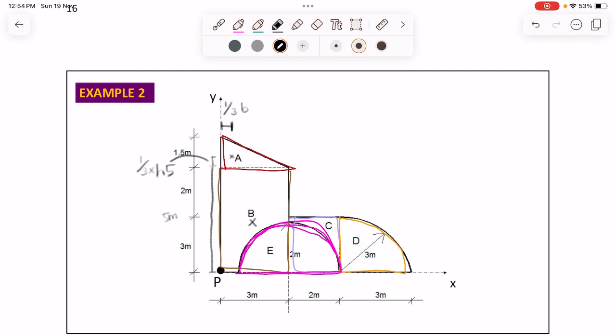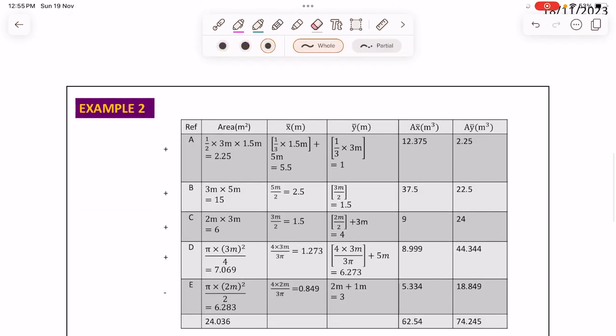Okay, so our section now is section B. So the distance from the centroid of B to the x-axis. So what is this value? You know that it should be half of the height of the rectangle. It is 1/2 times 5 meter. You will get 2.5 meter.